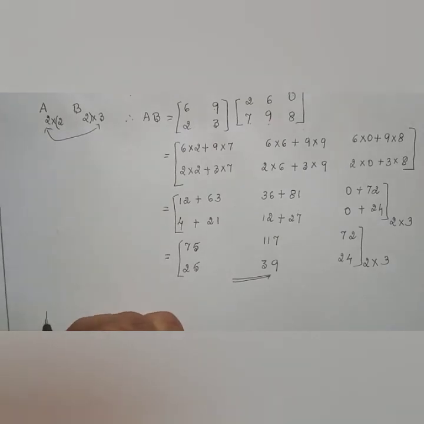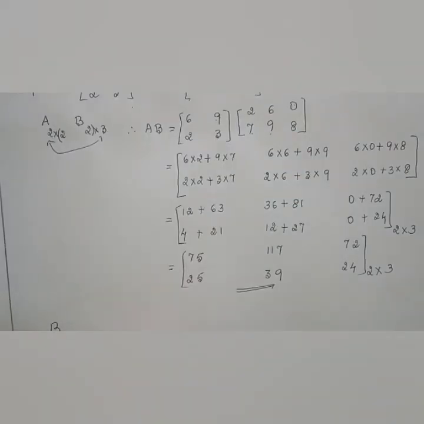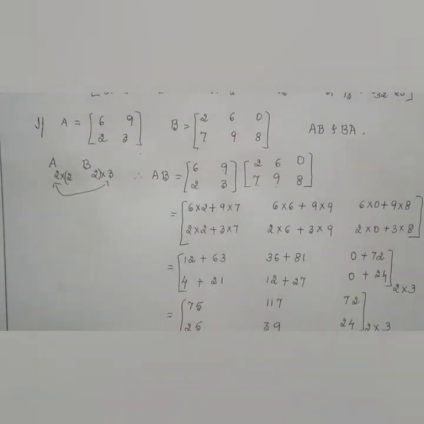Now check B into A. What is the order of B? B is of order 2 rows 3 columns, so 2 by 3. And what is the order of A? A is a matrix of order 2 by 2. These two are not equal.